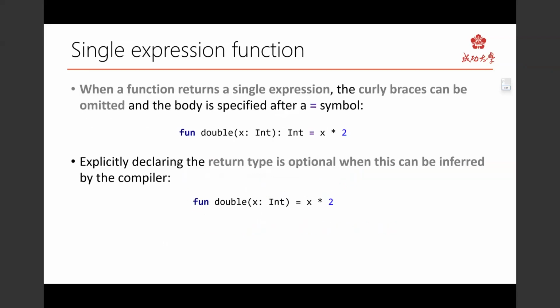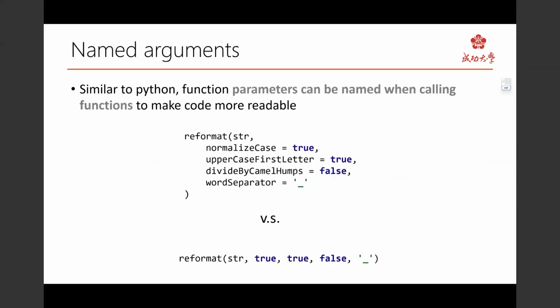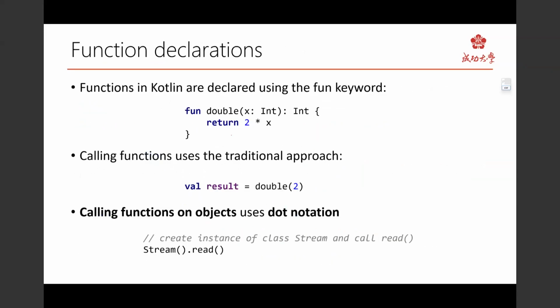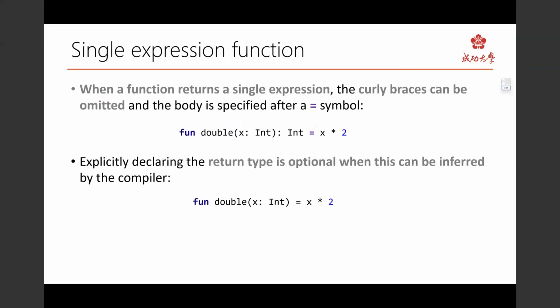Now, in Kotlin, when the function returns a single expression, the curly braces can be omitted. So for example, the double function over here, because there's only a single statement inside the function, the curly braces can be ignored. So instead of curly braces, we simply put the equal sign over here.